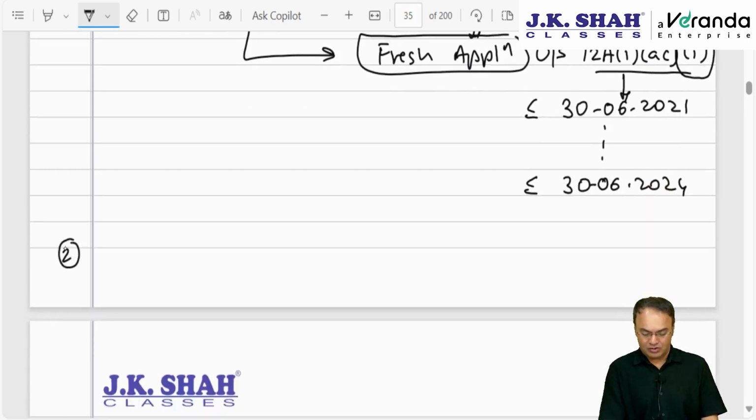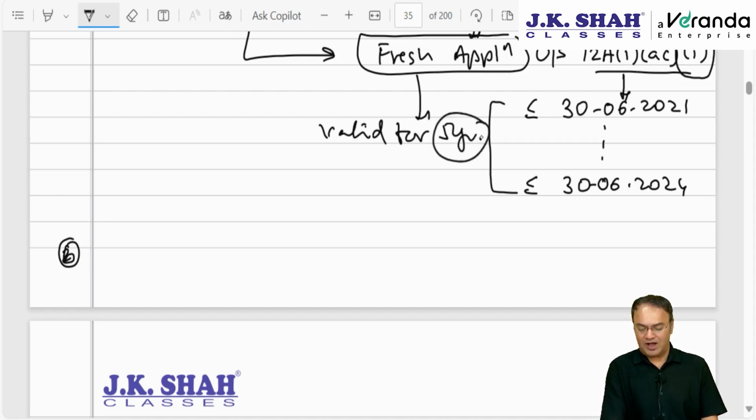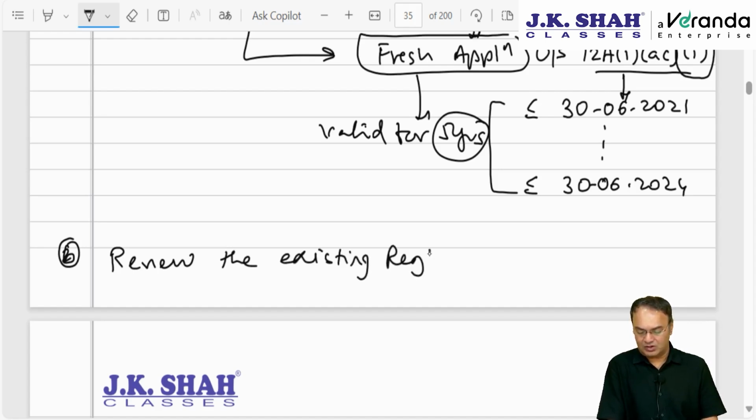Or the second possibility: the new registration would be valid for 5 years at a time. Upon expiry of 5 years, that is, 6 months before the expiry of 5 years, trusts are required to renew the existing registration of 5 years for the next 5 more years.